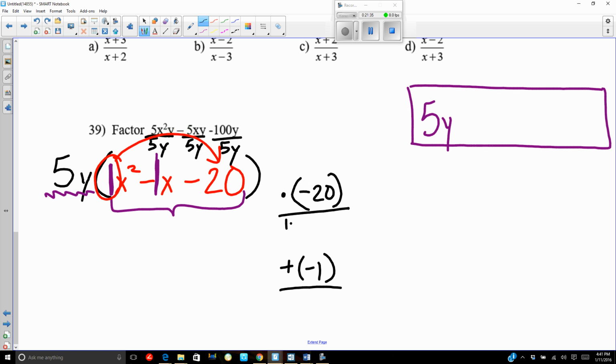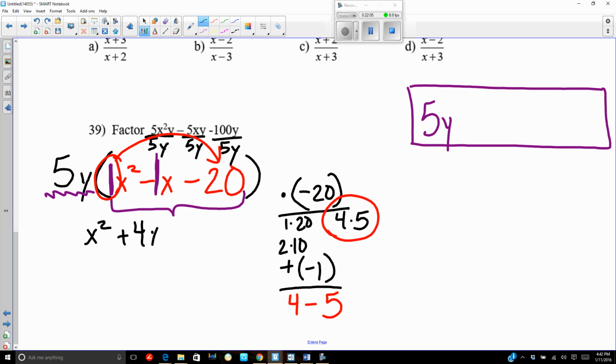So the factors of 20 are 1 and 20, 2 and 10, and 4 and 5. 4 and 5 are the only possible combination that can add together to give us negative 1. 4 minus 5 is negative 1. So essentially what we're going to do is rewrite x squared minus x minus 20 as x squared plus 4x minus 5x minus 20.